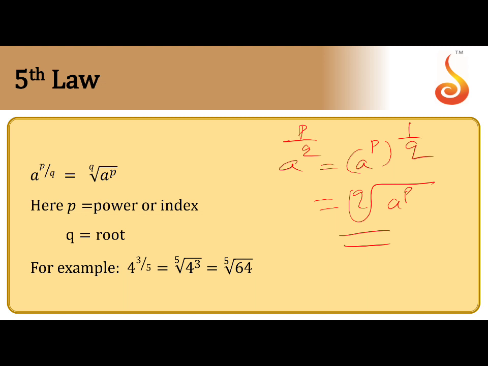Let us take an example: 4 power 3 by 4 we can write as... What is the power? 3. What is the root? Fifth. Fifth root of 4 cube. Nothing but fifth root of 4 cube, which is 64. You can take it like this. That is the fifth law in this. I hope this one is clear.